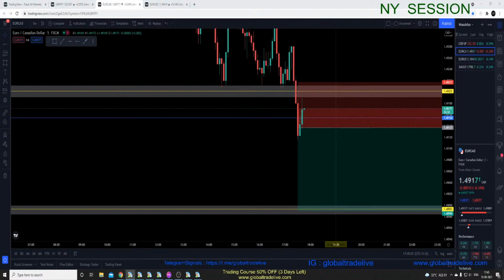Okay, the 15-minute candle here just closed, a weak bearish candle with a rejection wick. Now I'm gonna manage the risk in 5 minutes here.